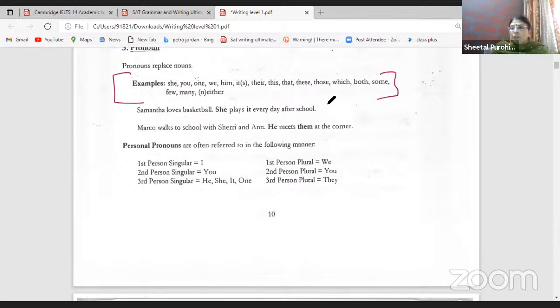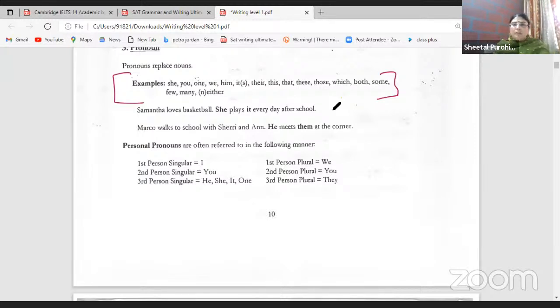We use pronouns to avoid the repetition of the nouns, and they are used in place of the nouns only. So you have to make a list of these.